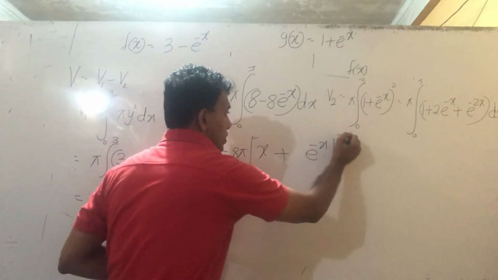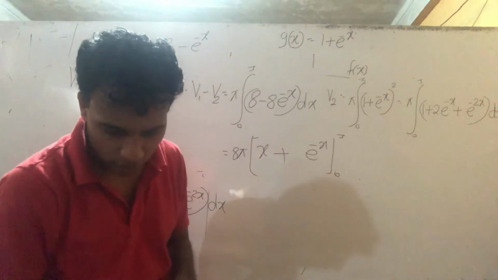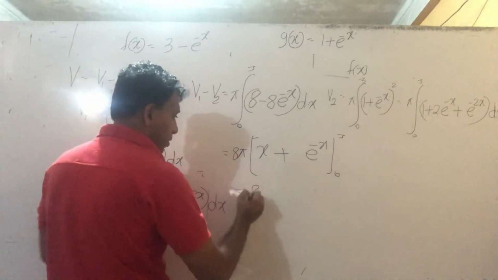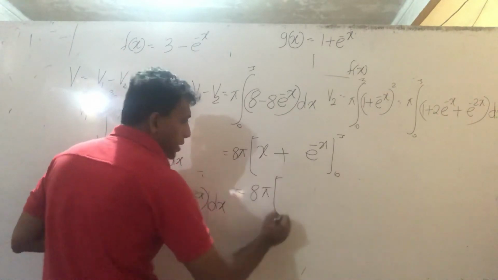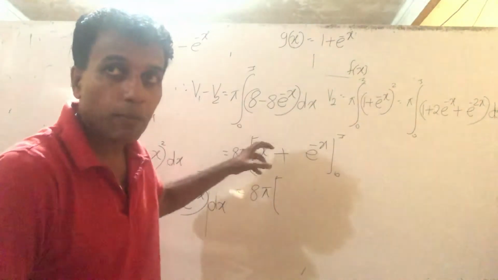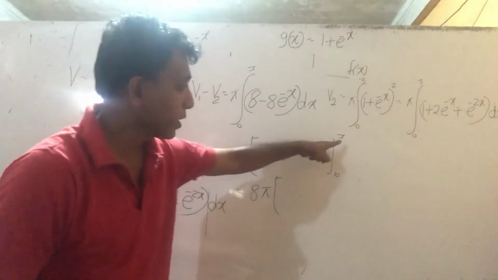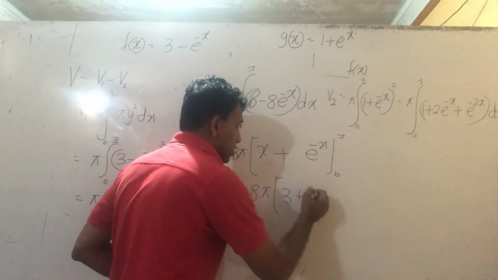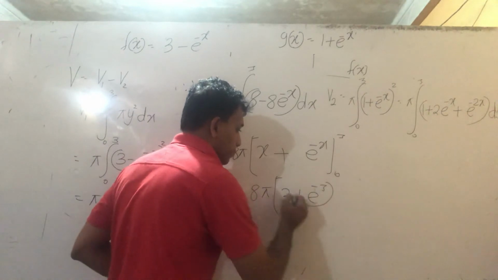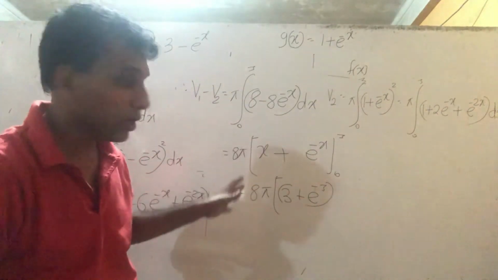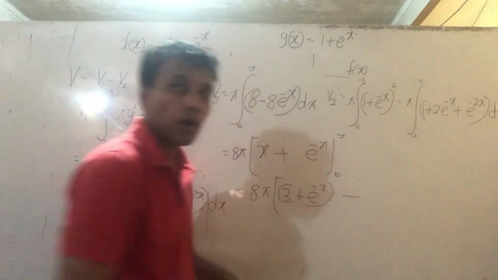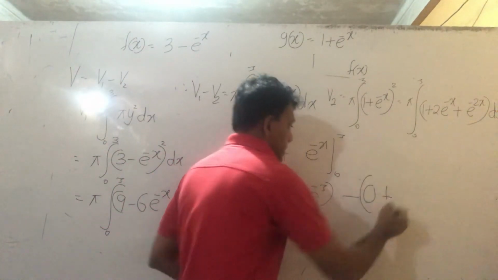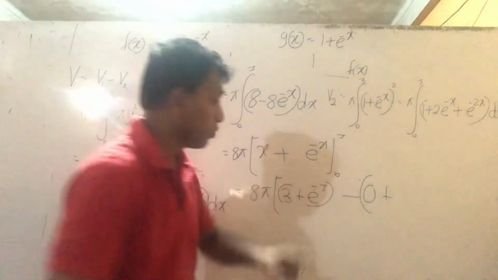Boundary 0 to 3. So 8 pi, now write the upper boundary minus the lower boundary. Put x for 3: 3 plus e to the power minus 3, minus, put the lower boundary x for 0: plus e to the power 0, which is 1.